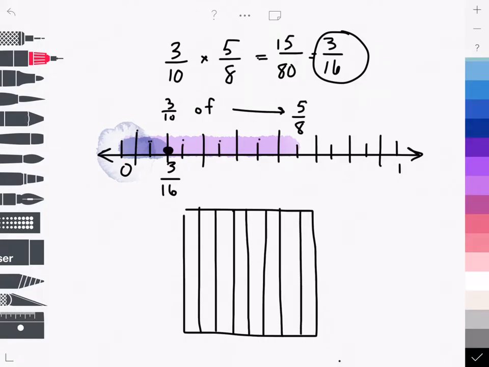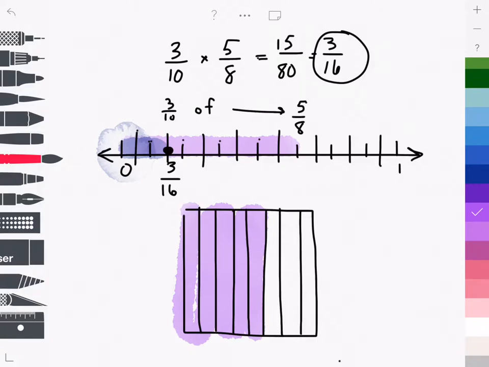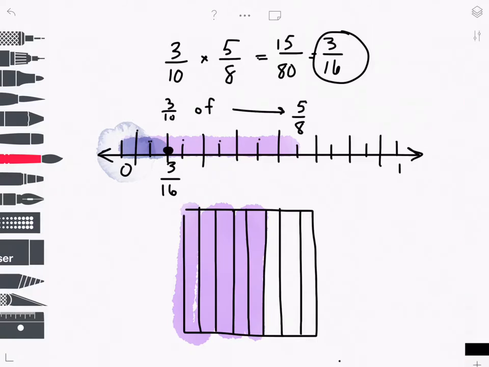And I'm starting out with 5/8, so I'm going to highlight 5 of those eighths. 1, 2, 3, 4, 5. And now I'm trying to find 3/10 of 5/8, so I have to segment this rectangle up into tenths.